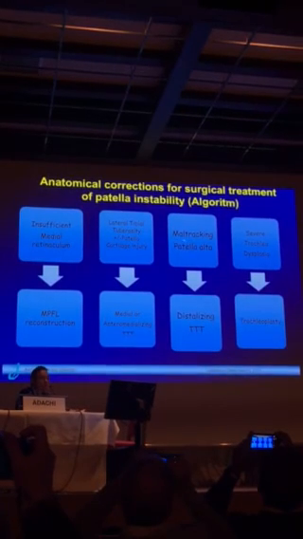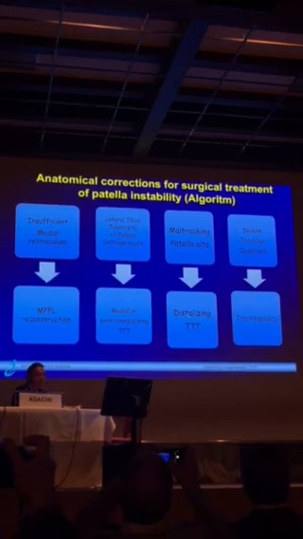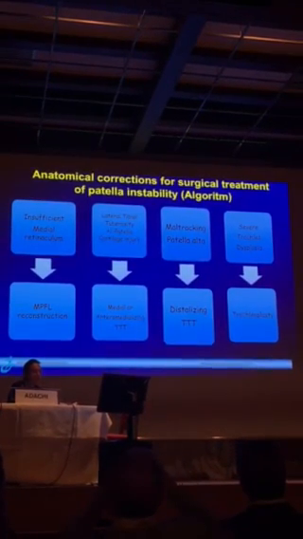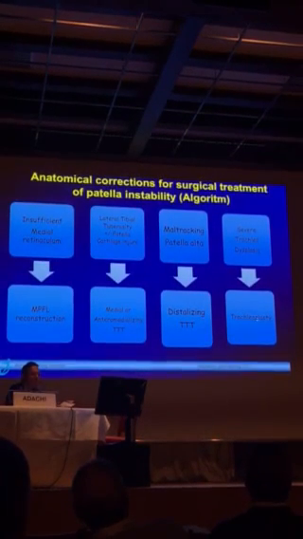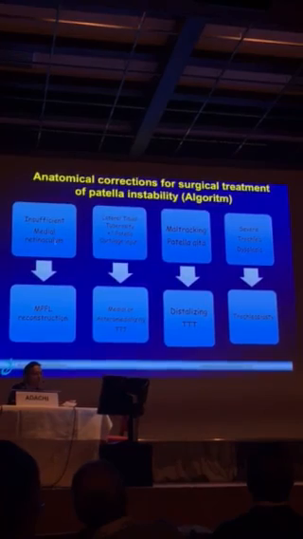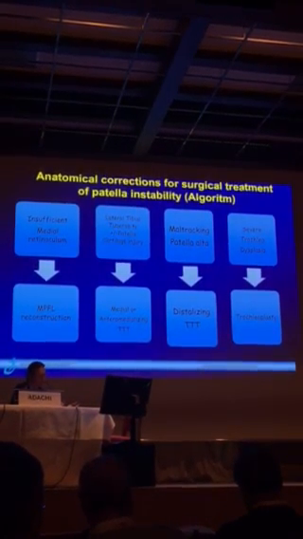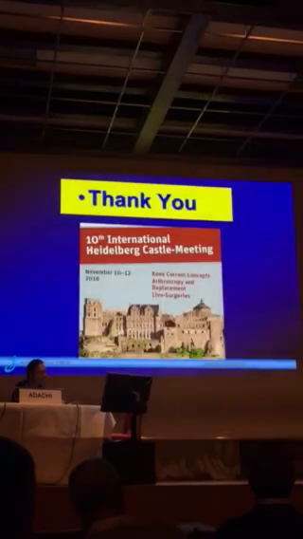If you have maltracking and patella alta, you can do a distalizing transfer of the tuberosity. And if you have severe trochlear dysplasia, grade C or certainly grade D, you should consider also doing a trochleoplasty. But since many of these pathologies are present in the instability patient, you often end up doing a number of these procedures in combination. Thank you.